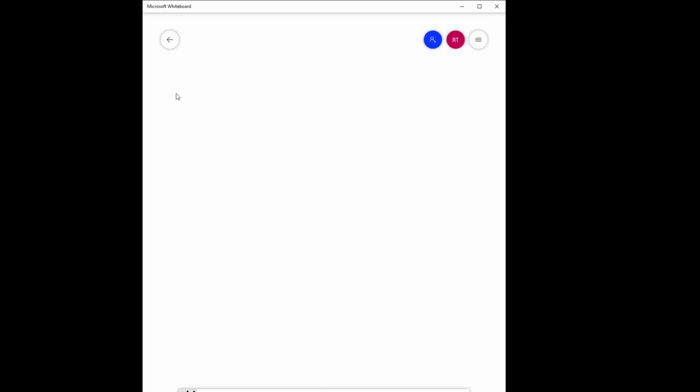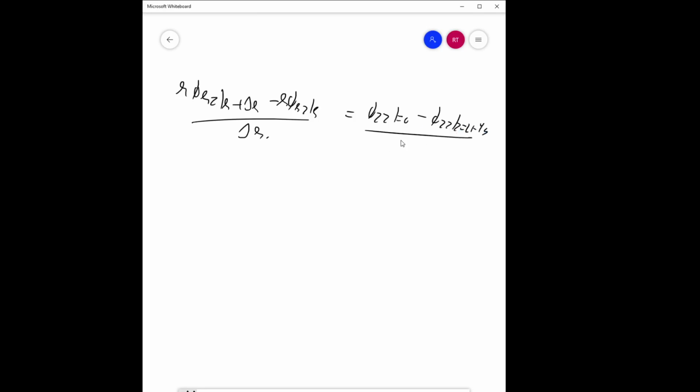So it becomes r phi rz at r plus delta r minus r phi rz at r, divided by delta r, is equal to phi zz at z equal to 0 minus phi zz at z equal to L, plus rho g, and by r.